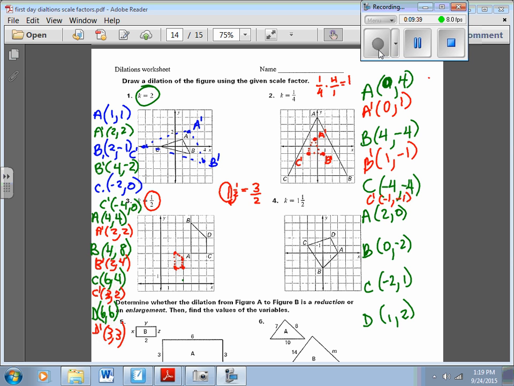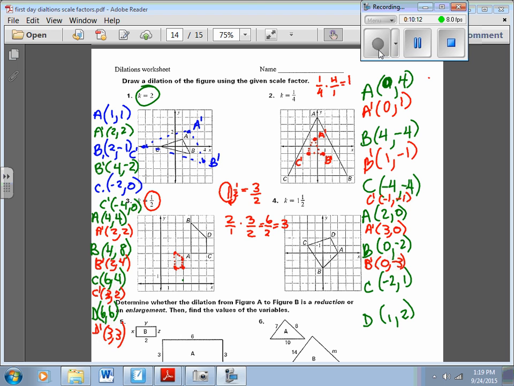If you notice A, the coordinates are 2. When I multiply that by 3 over 2, I get 6 over 2, which reduces to 3 over 1, or just 3. So for A prime, that would give me a 3, 0. For B prime, it would give me 0, -3.